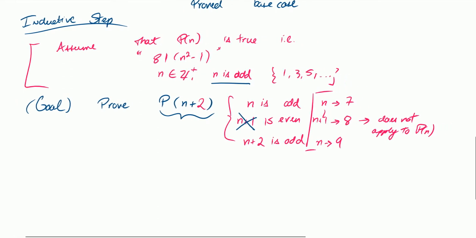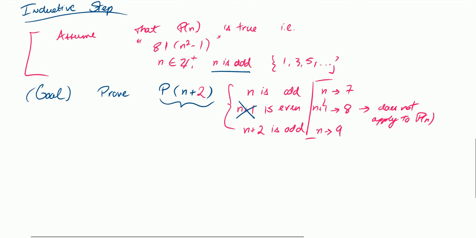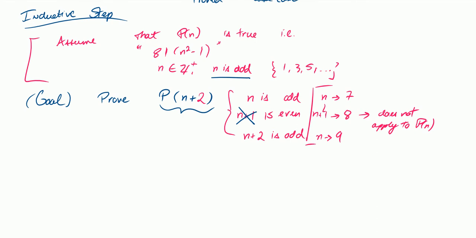Okay, so let's go ahead and try to prove for n plus 2. In a divisibility proof, you take your n plus 2, usually it's going to be n plus 1, and you put it into your expression, where the n is supposed to be.